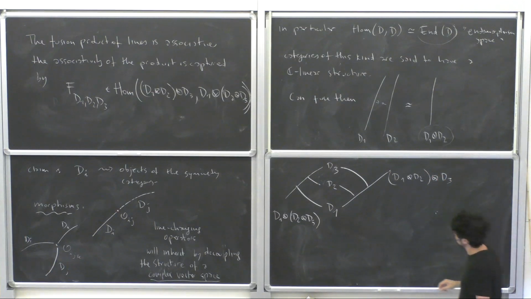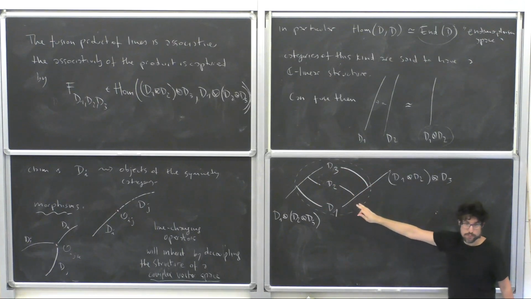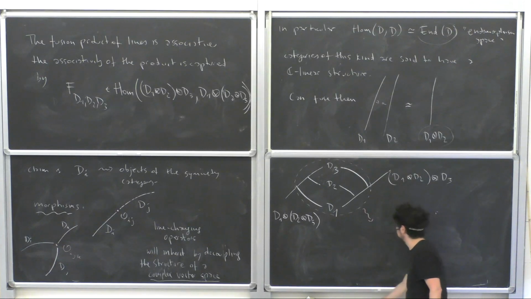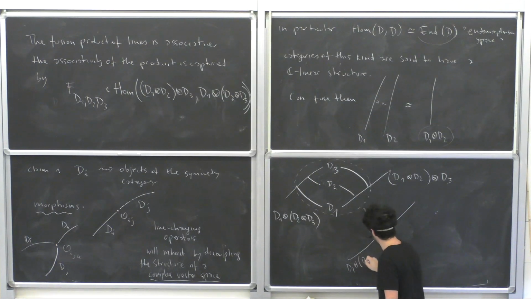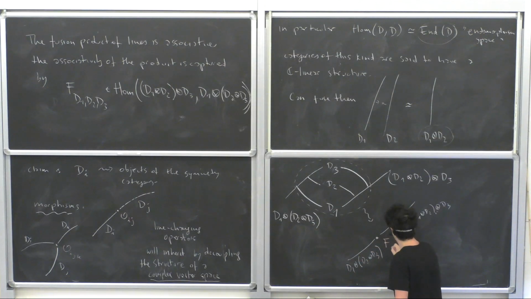And you see, all of these lines are topological. So this bubble that we have formed by performing this operation in two different orders can be shrunk to a point. And this point is what we call the F interface.